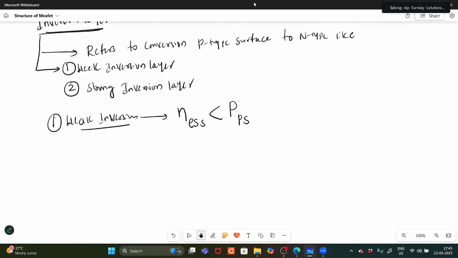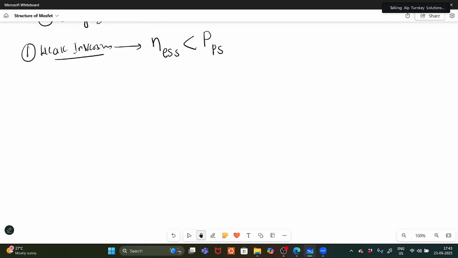So the concentration of electrons in the surface of the substrate being less than the concentration of holes in the p-type substrate is nothing but weak inversion layer.